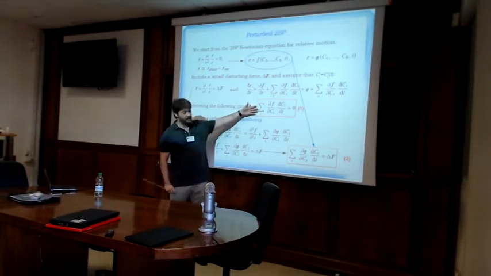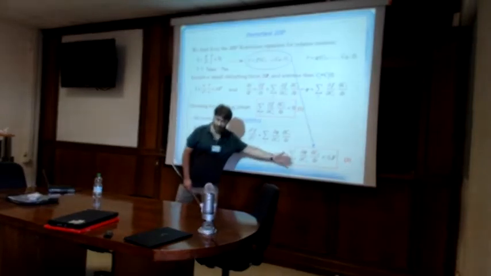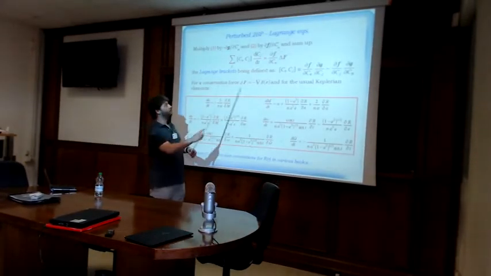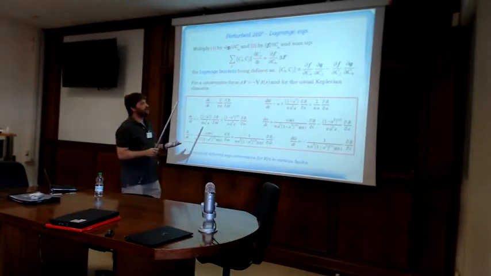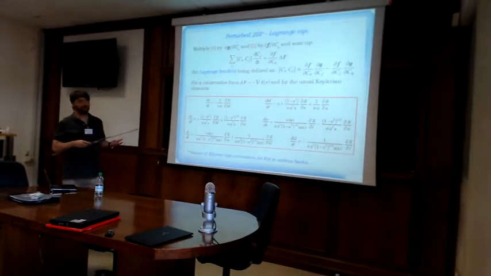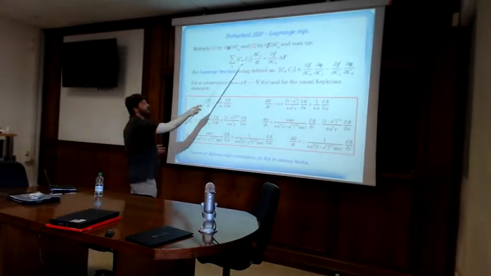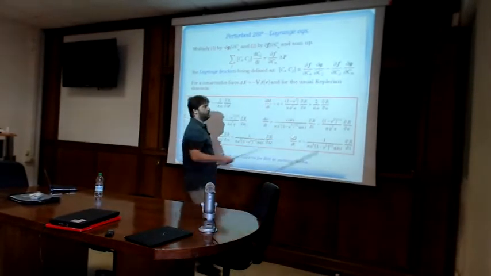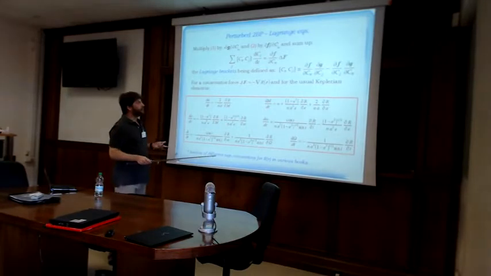Now, if you multiply this by dG/dC and this by dF/dC, and you subtract them, you find this form, which is the general form of the Lagrange perturbation equations, these being the so-called Lagrange brackets, which give the derivatives of f and g with respect to the elements. Okay?